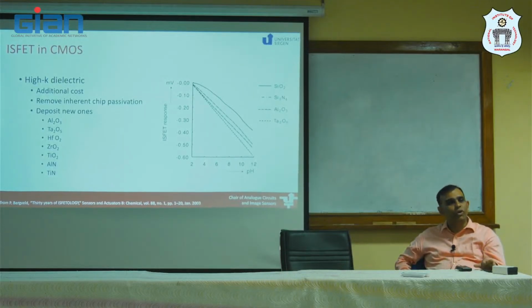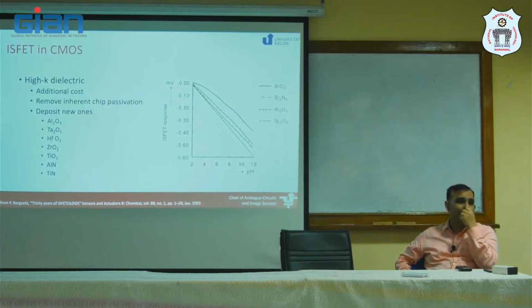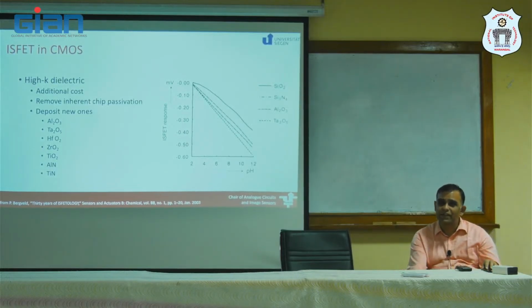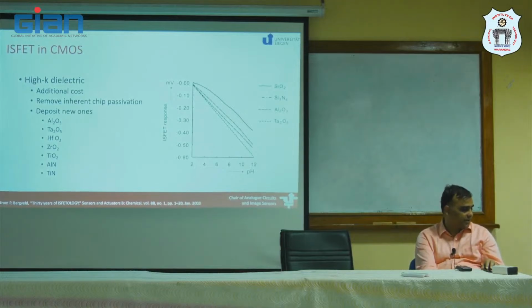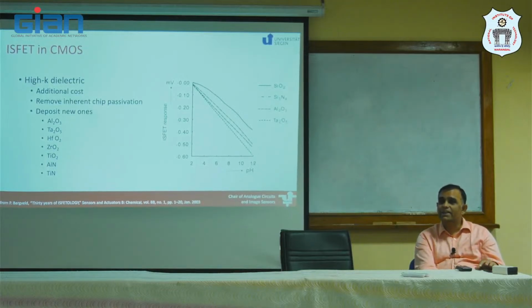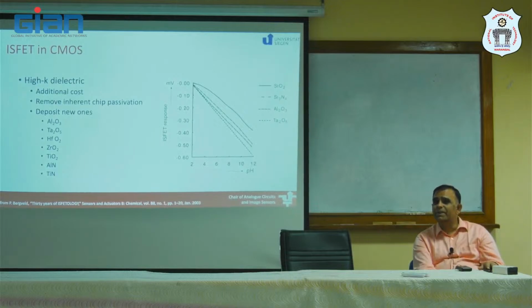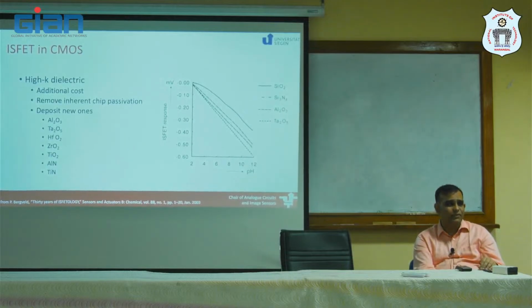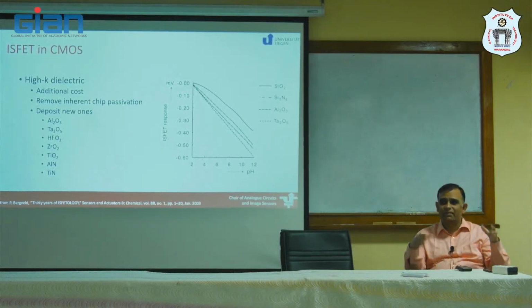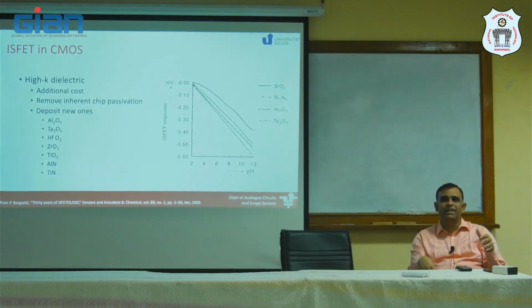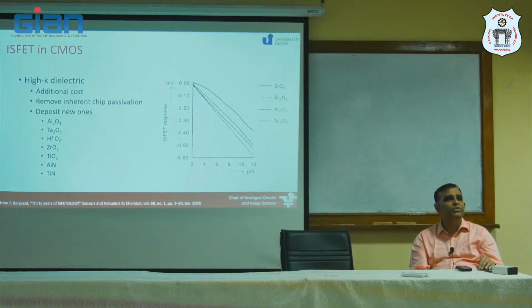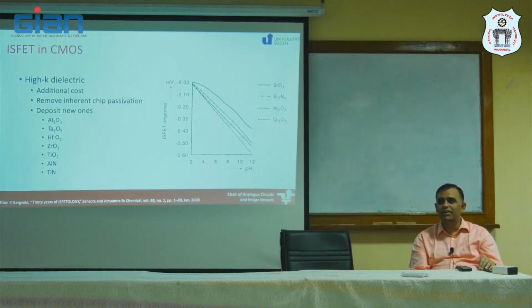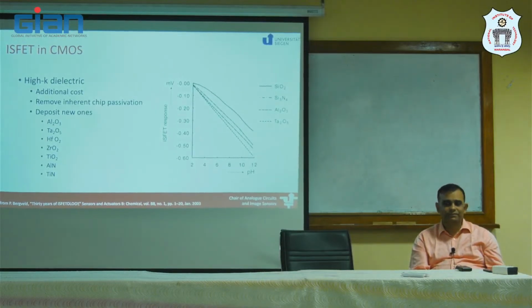Do you want to spend more money to make a very good pH sensor, or are you happy with silicon dioxide and happy with the non-linear response? Both approaches have been tried. One of the most successful pH sensors has been a DNA sequencing device, wherein they have used a chip to sequence the DNA completely, and there they have tried to go with a different oxide rather than silicon dioxide.